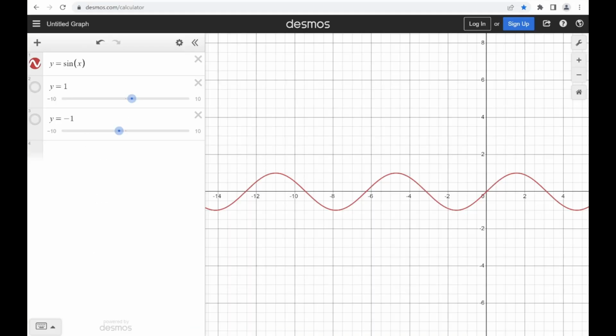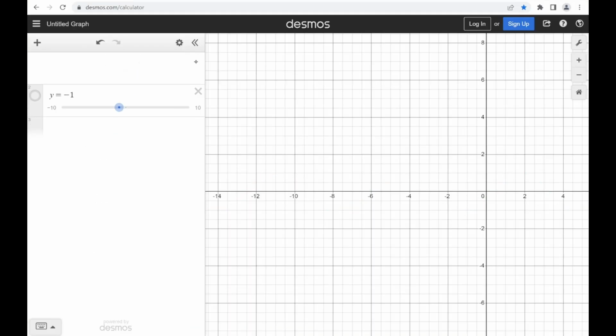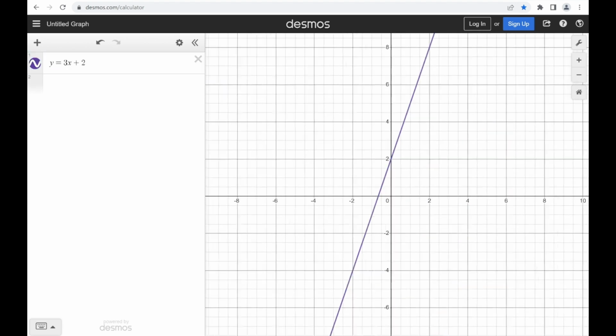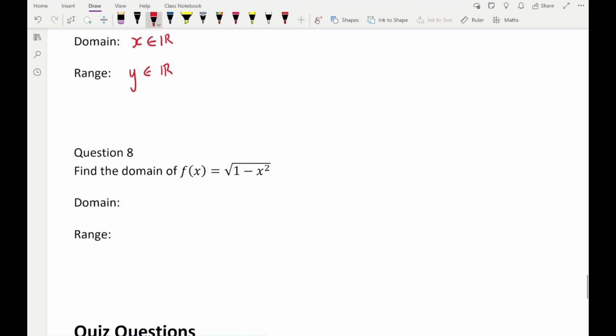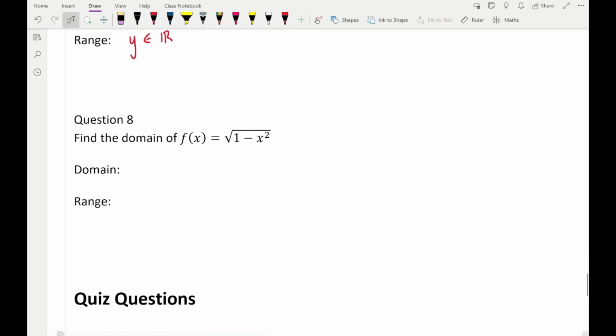3x plus 2 is our next graph. Seems to go left and right forever, and it seems to go up and down forever. So our domain will be x is in R, and our range will be y is in R, just like that. Next graph, root 1 take x squared.